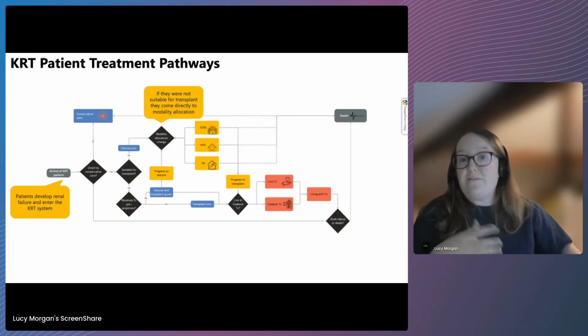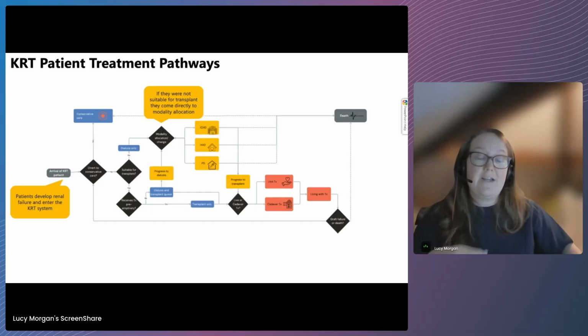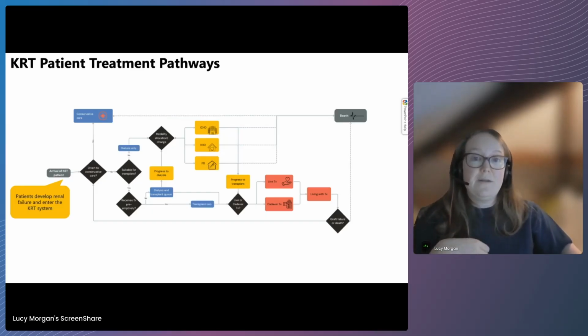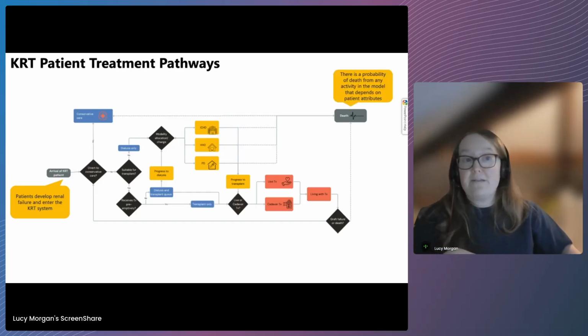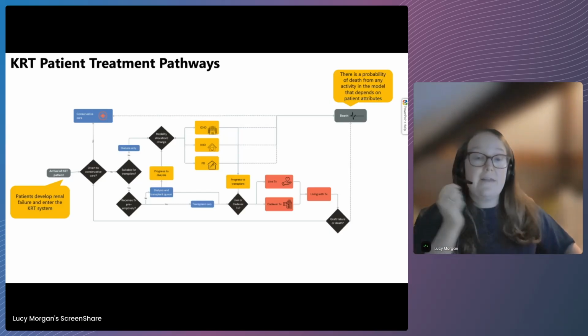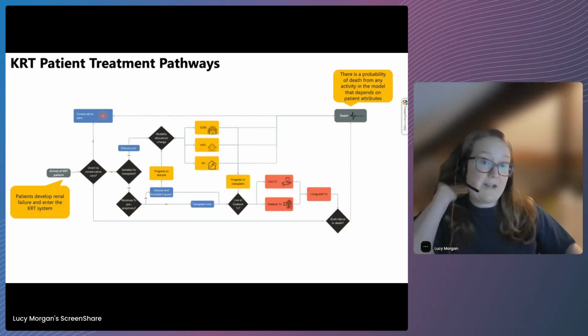If they weren't suitable for transplant, then they go straight to modality allocation, and they can change modality allocation throughout the time they spend in the model. And then there's a probability of death from any of the activities in the model, and that depends on the attributes of the patients flowing around it.